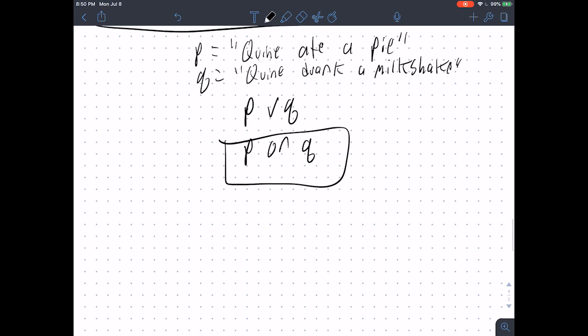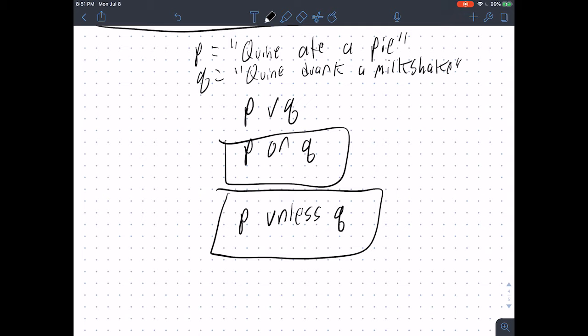Another way in which most logic textbooks say that we can translate alternation into and from English is if we have P unless Q, right? So Quine ate a pie unless he drank a milkshake. That's what the book says anyway.